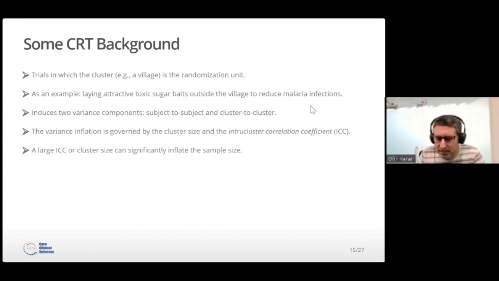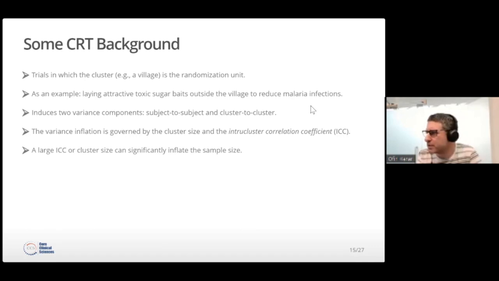And as I mentioned in the example I gave, altitude could be perceived as a very strong determinant of malaria infection. So people living at the lower altitude in the tropics, say, that village could be thought of as having a very large intra-cluster correlation coefficient because they all stand together a very high risk of getting infected.